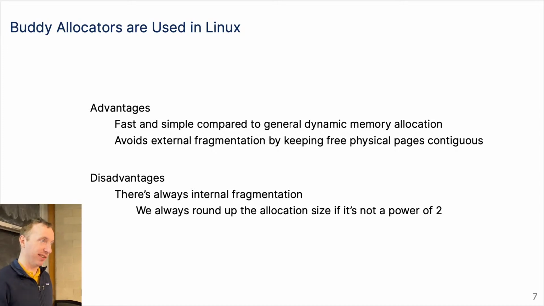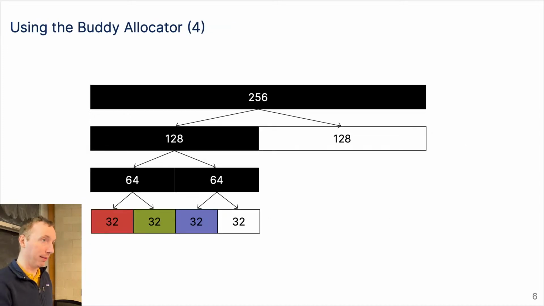It avoids some, but not all, external fragmentation by keeping the free pages all contiguous. But its disadvantage is there's always going to be some internal fragmentation as long as you don't use a power of 2, because you only handle powers of 2. So there is going to be some external fragmentation, if you want to think of it that way.